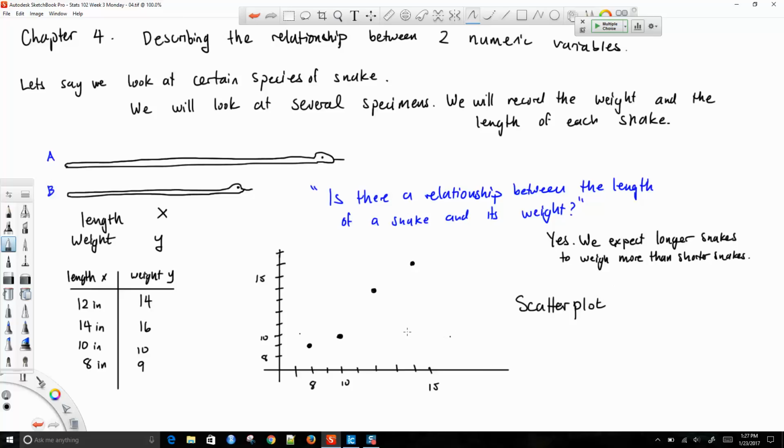Indeed, it does appear that longer snakes, so this is X, our length, and Y, our weight, it appears there's a trend. This is our most basic thing, so we'll start describing this.